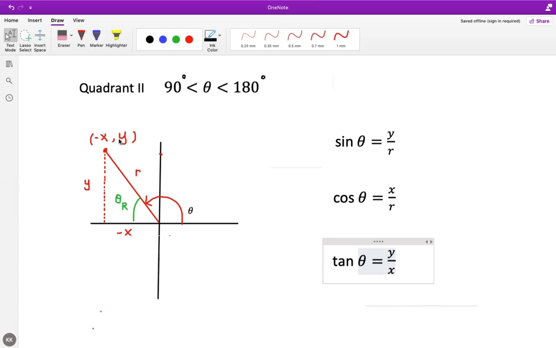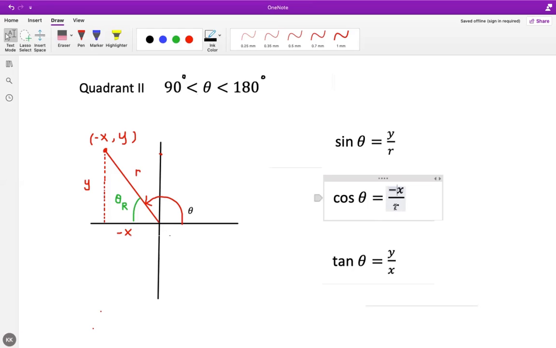But be careful, because every x value in quadrant 2 is negative. So that's why I need to put the negative sign here, and it tells me that the x is negative, right? So what about the sign for the radius? The sign for the radius always remains positive, because it's the distance from the origin to the endpoint.